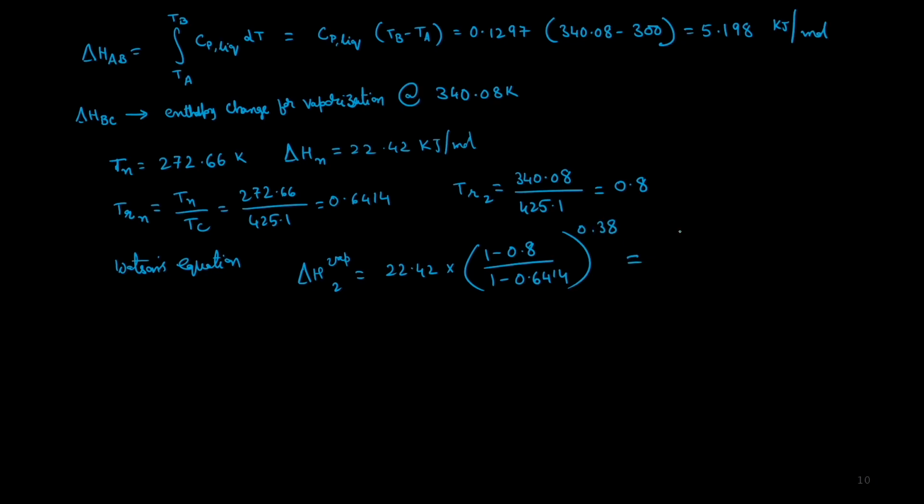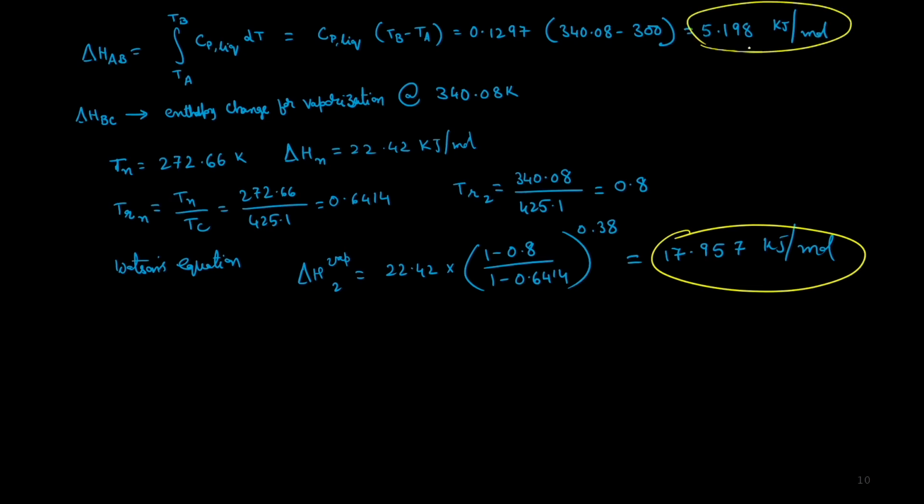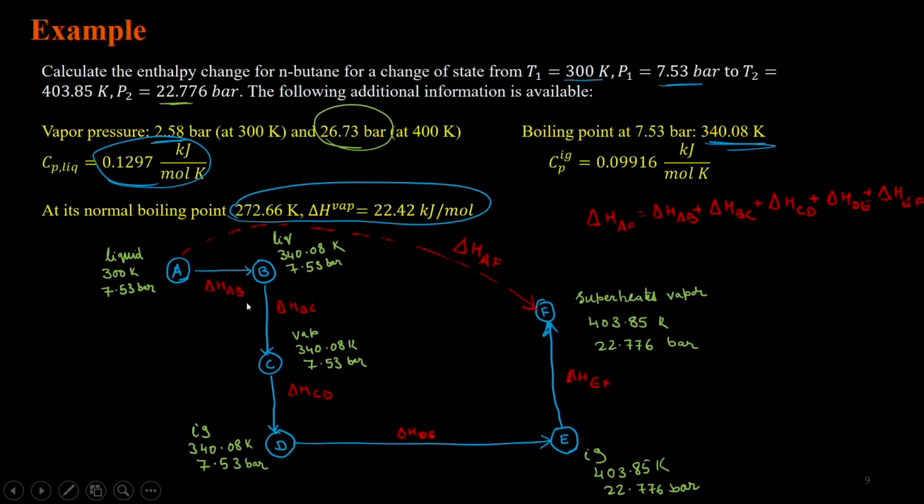And this value right here turns out to be 17.957 kilojoules per mole. So let's keep that in mind. This is the first value. That's the second value, right? This is delta HBC. So enthalpy of vaporization we have calculated using Watson's rule.